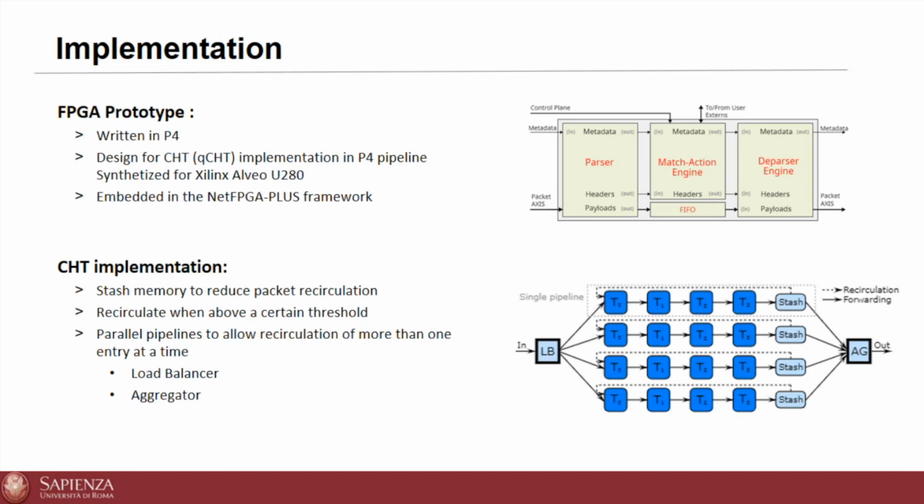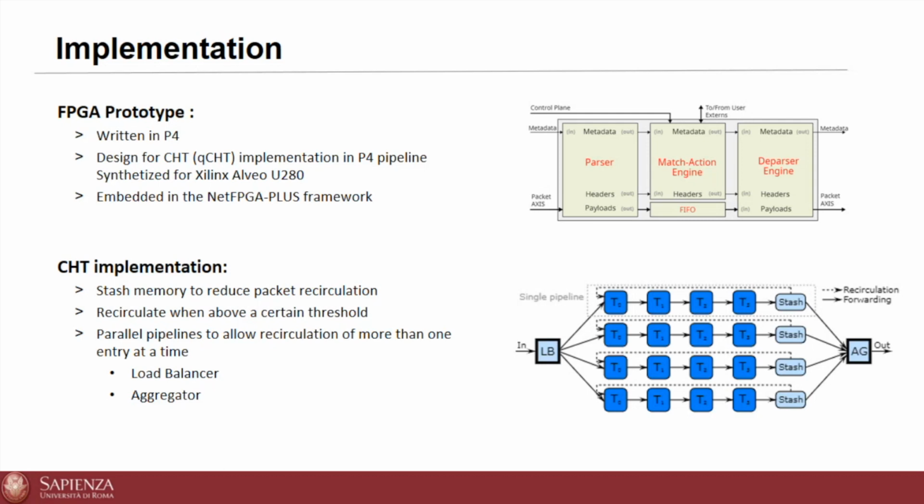I want to focus on the Cuckoo hash table implementation. Instead of using just one table for the sketch data part, we use many parallel tables, and in this way the load is split between these parallel data paths.